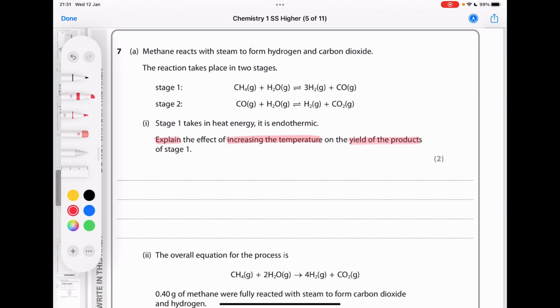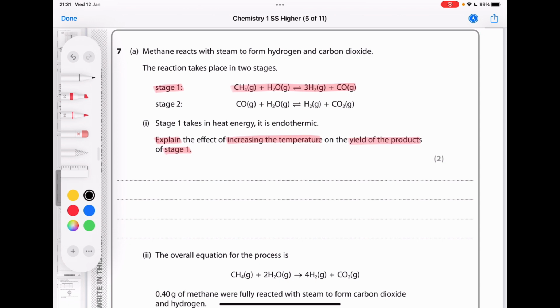First off, they've asked about stage 1, and therefore I'm only interested in this equation here. Second, they've asked about the yield of the products, and lots of people lost a mark for just talking about the yield. And in a reversible reaction, we might be asking about the yield of the reactants.